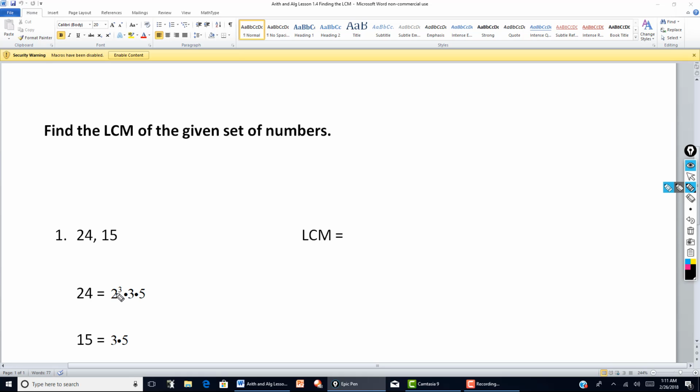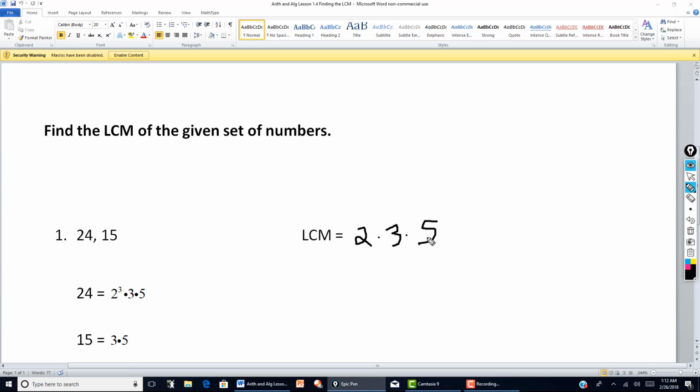So you can see that 2 appears there as a factor, so I put a 2 here. 3 appears there, so I put it here. 5 appears, so I put it there. And the other one has a 3, I've already got it. The other one has a 5, I've already got it.